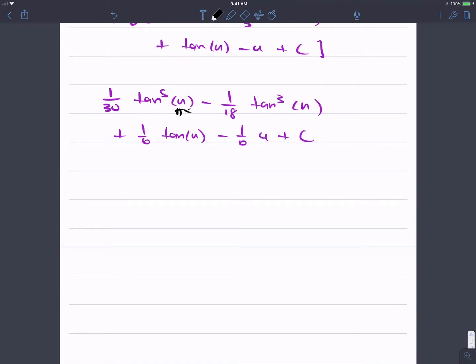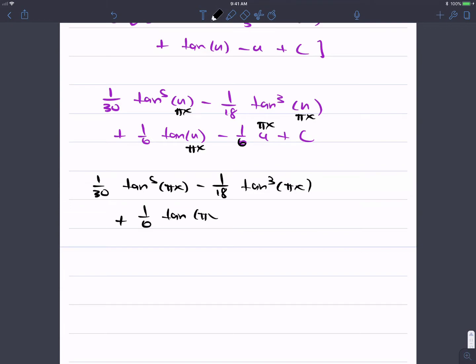Don't forget this is a 6. 1/30 tangent to the 5th power of pi x minus 1/18 tangent to the 3rd power of pi x plus 1/6 tangent pi x minus pi x over 6 plus some constant c.